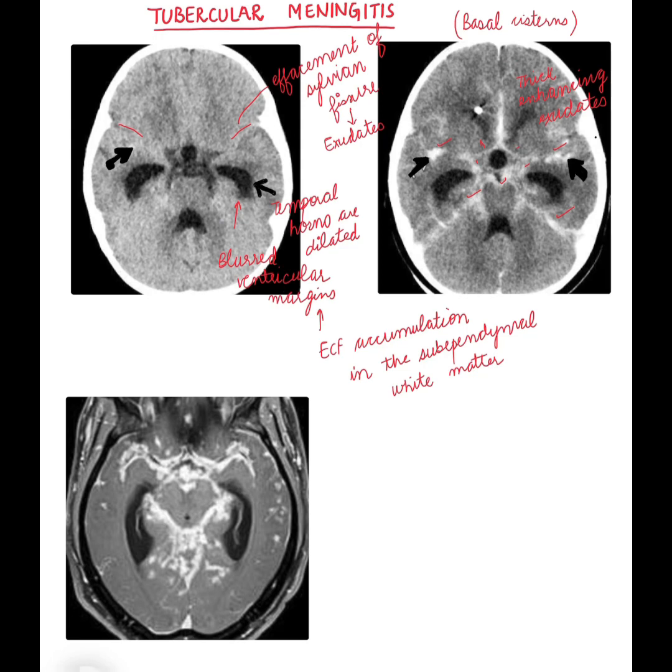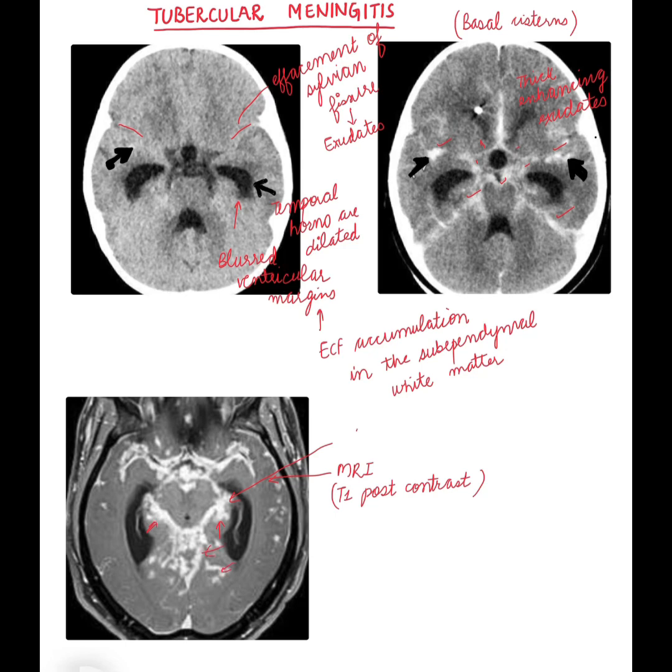This third image is an MRI image. This is a T1 post contrast image. And what you will see here, as you can see, there are so many exudates. Here, here, here, everywhere it is exudates.